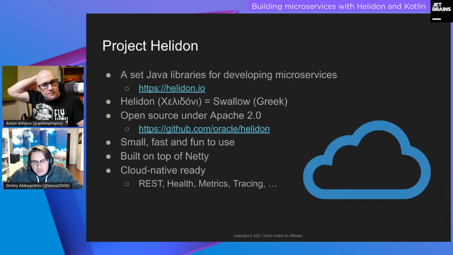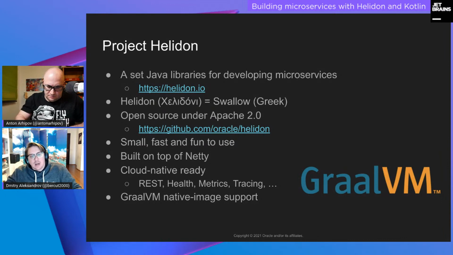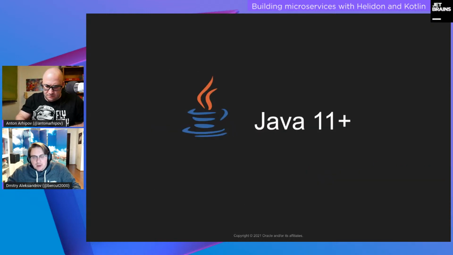So absolutely lovely. And one of our goals is, of course, GraalVM native image support. So we do pay a lot of attention here, and yes, full support is our really big target, I would say. There's one thing, in the context of Kotlin as we talk: we are completely Java 11 plus.